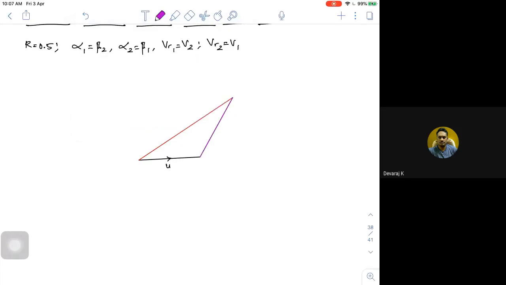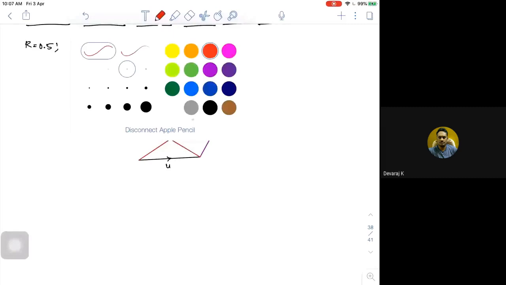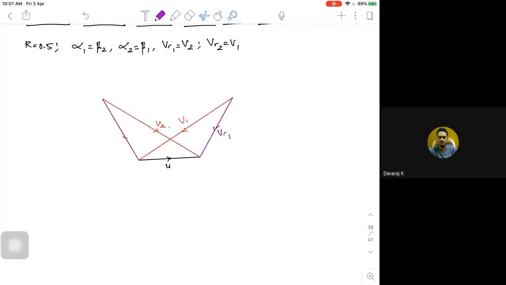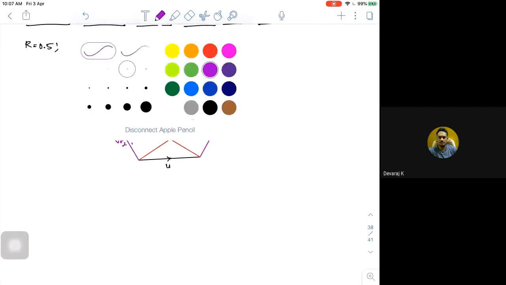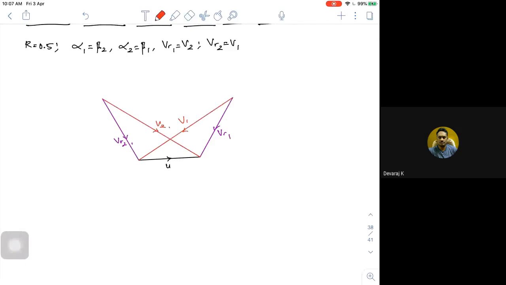In this direction, V1, and this is my VR1, and similarly I can have this my V2 and this is my VR2. So what is this 50% reaction turbine? This is my alpha 1, and where is my beta 2? See, I have my beta 2.